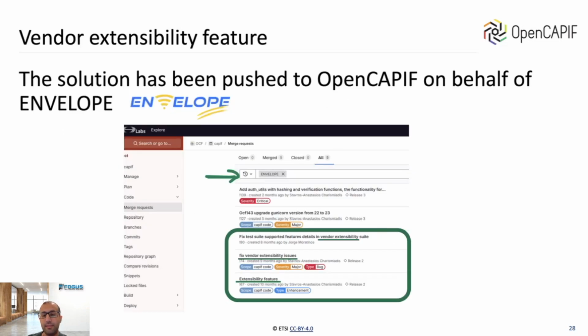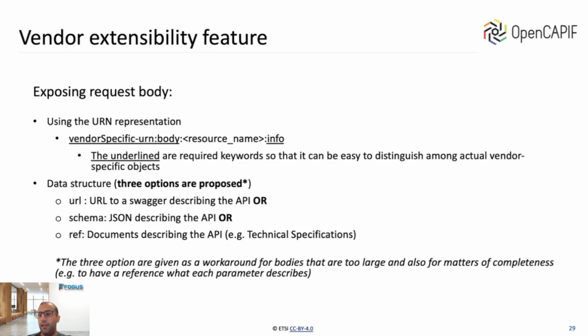So, as a project, we contributed to the Open CAPIF SDK by implementing the whole vendor extensibility feature, as you can see also from the figure, and we tried to combine these two concepts: the challenge that I described to you before, and the capabilities of the vendor extensibility feature.